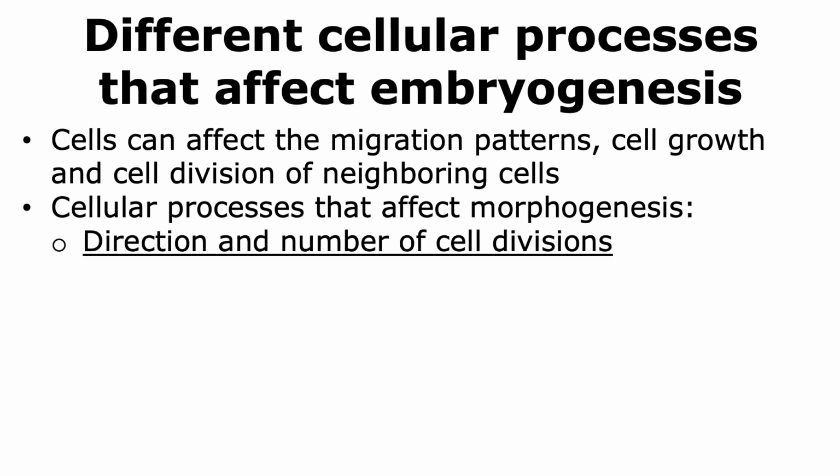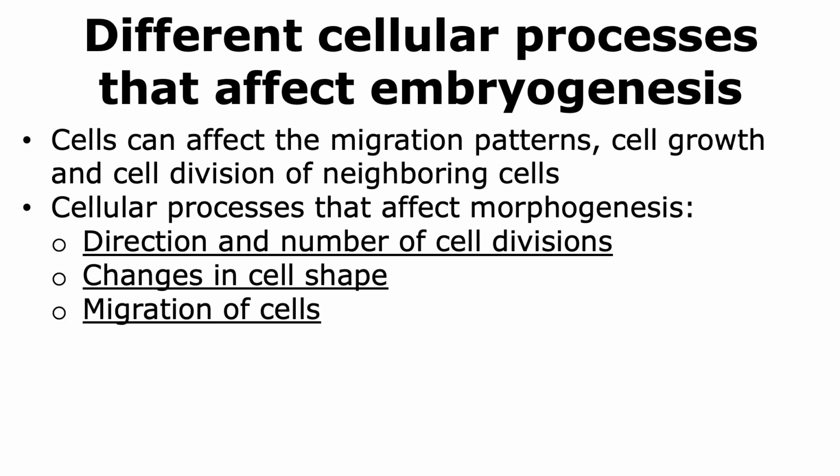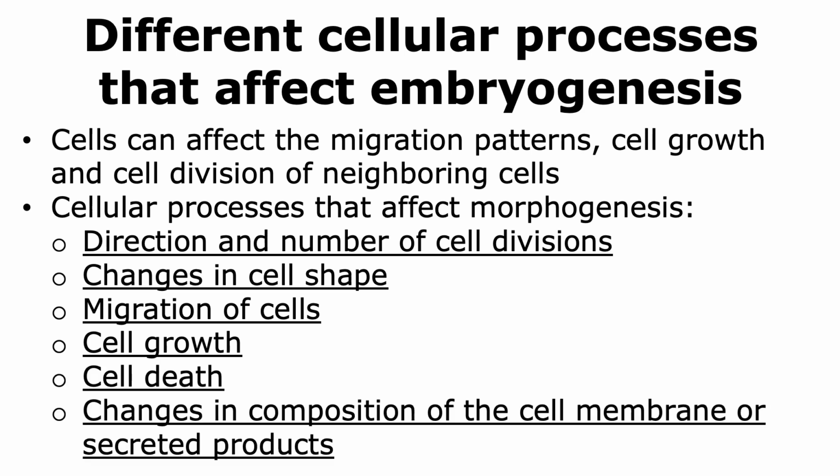The different processes that affect morphogenesis are the direction of cell division as well as the number of cell divisions, changes that can happen in cell shape, the migration of cells from one region to another, cell growth, cell death, changes in composition of the cell membrane or its secreted products. All these cellular processes play a role in morphogenesis.